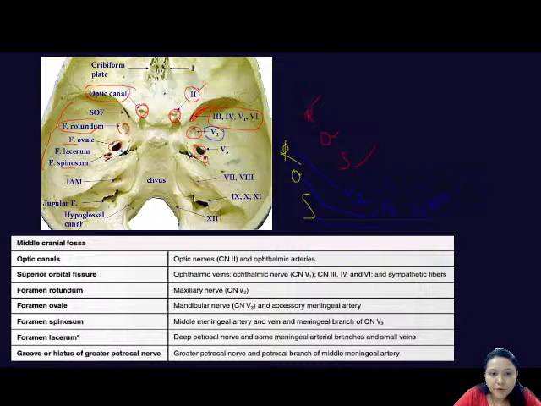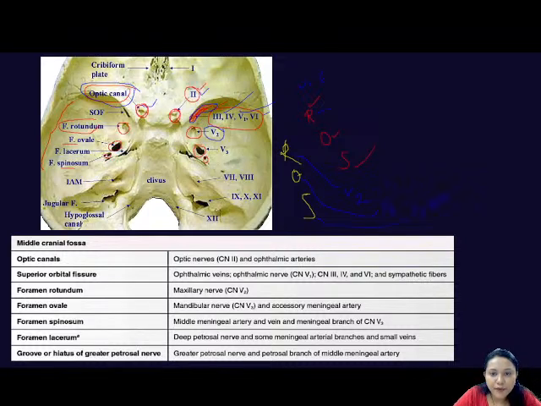Okay, so till now what structures have we studied? First of all, we got the optic canal, which is going to transmit the optic nerve. Then we got the superior orbital fissure, which is going to transmit your 3, 4, V1 and 6. And then you have ROS.